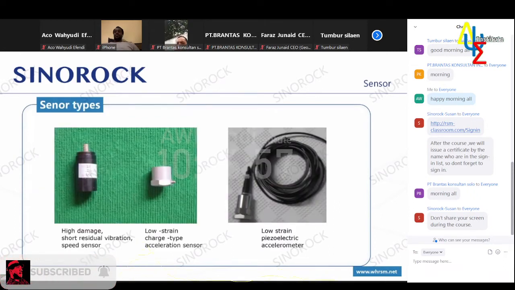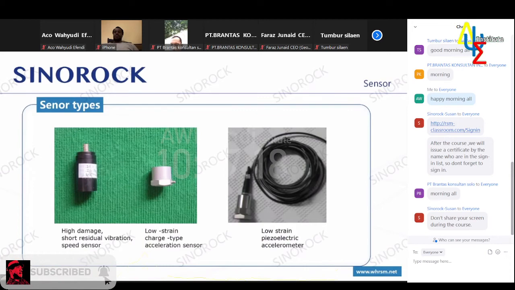What kinds of low-strain sensors are commonly used? The black cylinder on the far left is a speed sensor with high damping and short residual vibration. The middle one is a low-strain charge type acceleration sensor, used in some very old equipment.